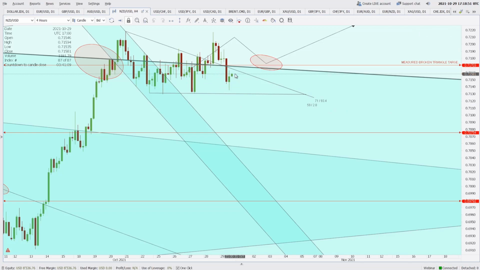Now we have to see how it behaves in the triangle. Does it close higher than this, or does it go below this to test 0.7075? Now from the horizontal point of view, 0.7170 is still the resistance and 0.7075 is the support.